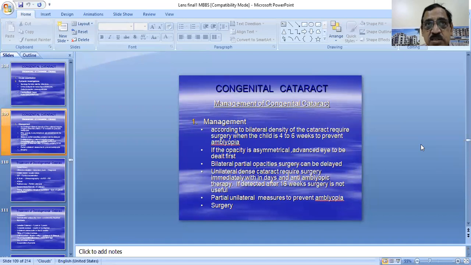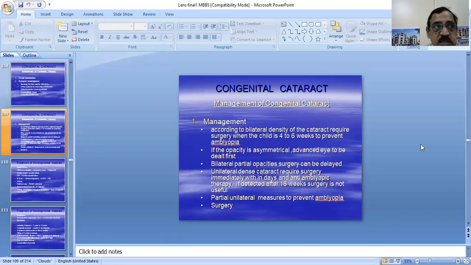Unless we properly manage it, the patient is going to have a subnormal vision. If amblyopia sets in, even if we manage the amblyopia, the child will not have a satisfactory vision. So in most cases, we try to operate if the opacities are clinically significant, when the child is around 4 to 6 weeks.